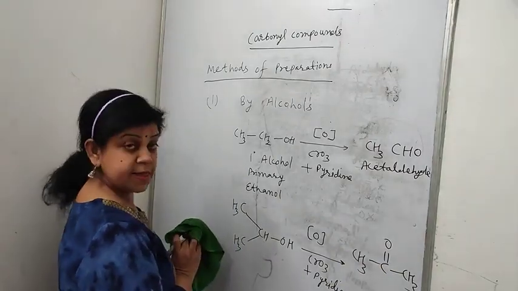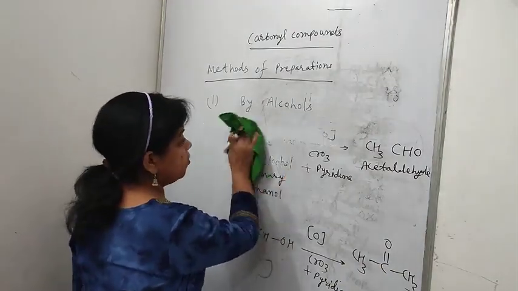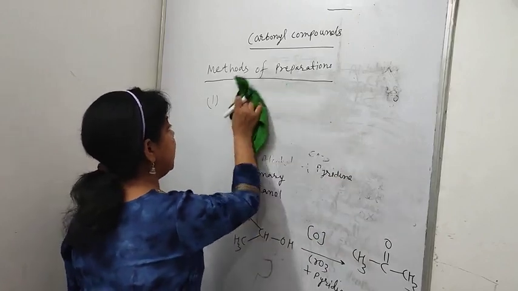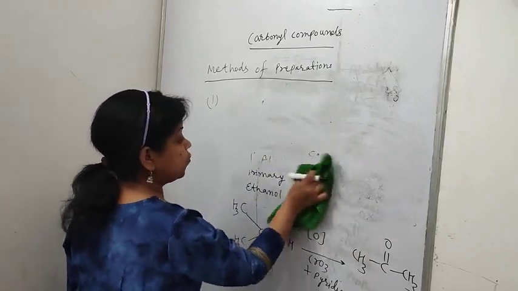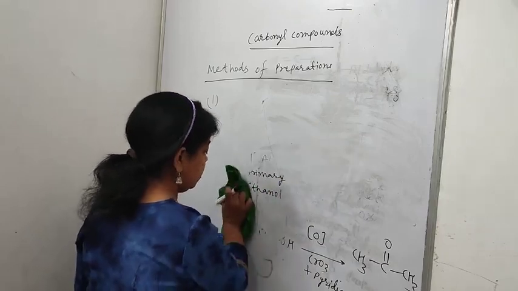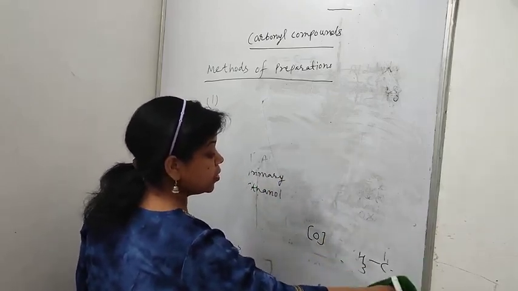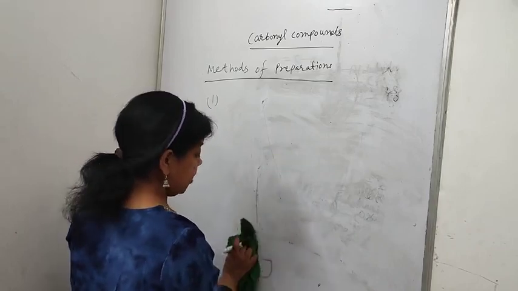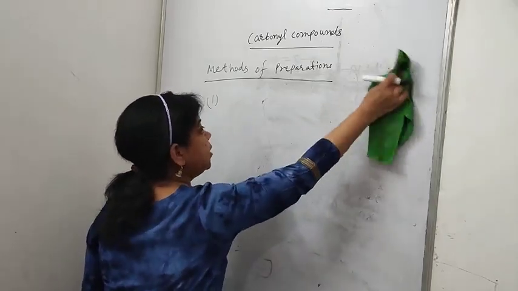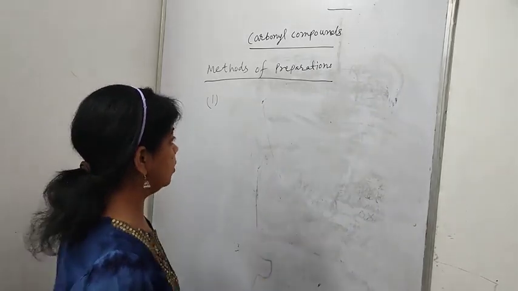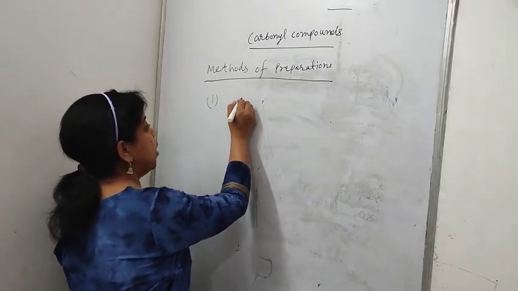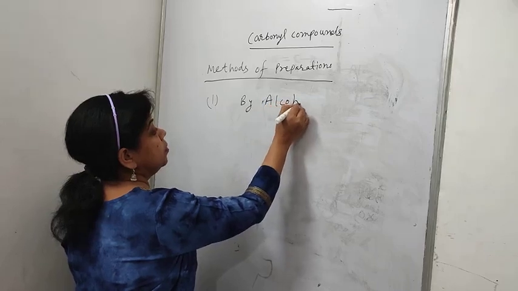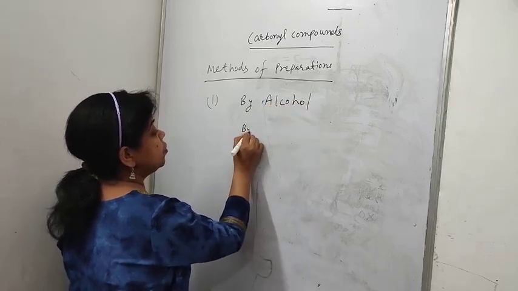Now, the second procedure by which we can prepare our aldehydes and ketones from alcohols is by dehydrogenation of alcohols. So let's see the first example, how can we prepare our carbonyl compounds from alcohol by dehydrogenation.